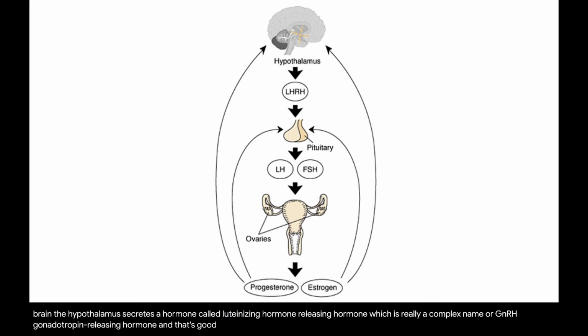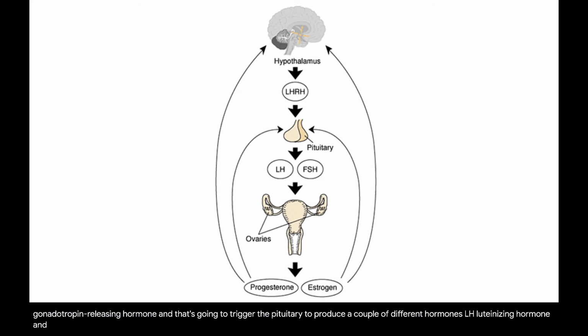That's going to trigger the pituitary to produce a couple of different hormones, LH, luteinizing hormone, and follicle stimulating hormone, or FSH. Those are going to target the ovaries. If those are present, like that LH spike, it's going to say, hey, ovaries, we need to ovulate.